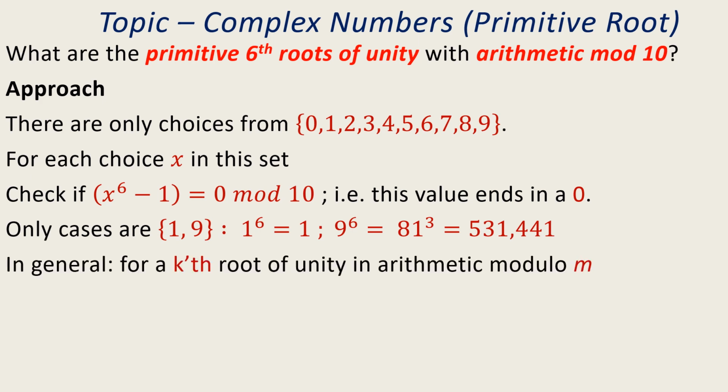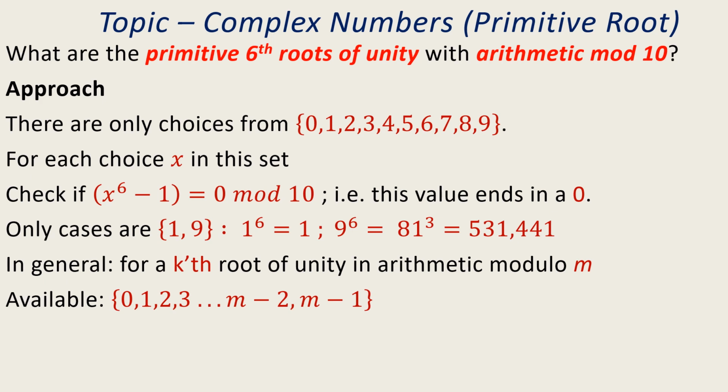In general, if you are asked a similar question, but this time for a kth root of unity, with arithmetic being carried out modulo some value m, the only numbers you have to consider are 0, 1, 2, 3, all the way up to m minus 2, m minus 1.